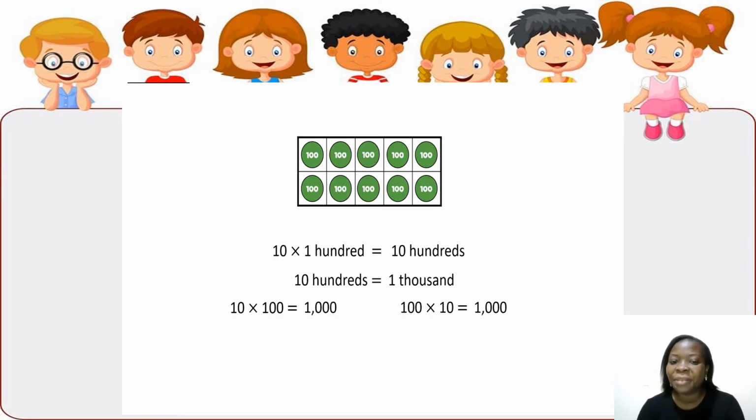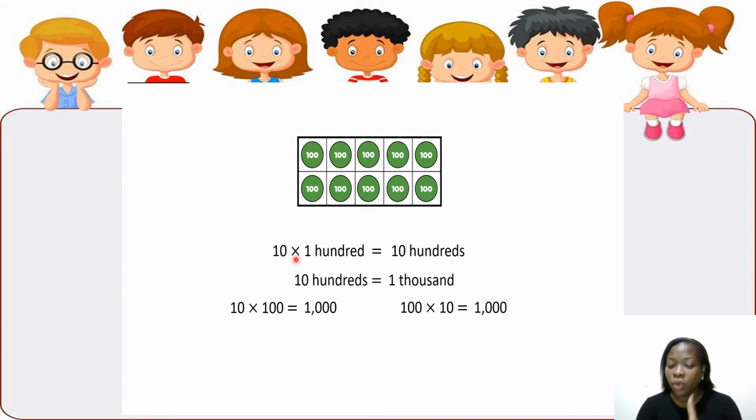Let's move on. So we have a ten frame showing 100 on each counter. Now, when we count the hundreds, we have 100, 200, 300, 400, 500, 600, 700, 800, 900, and 1000.